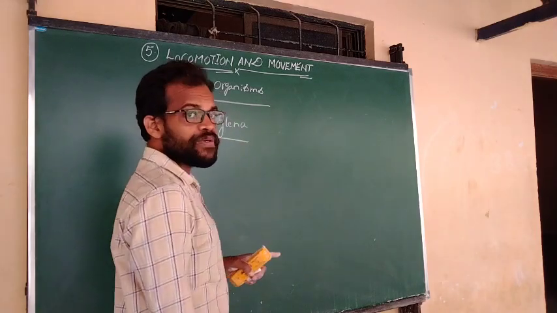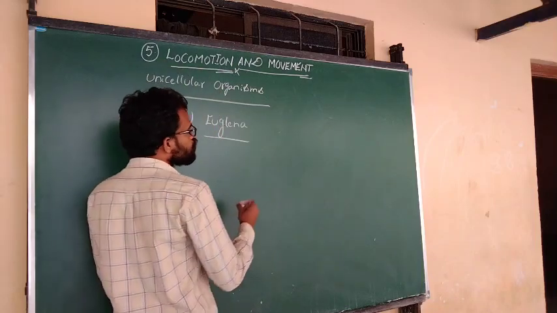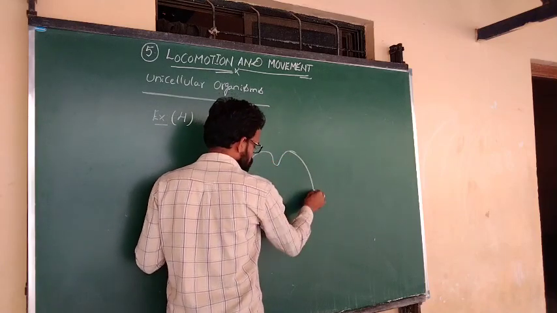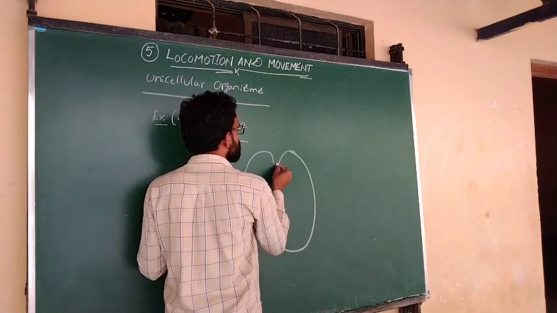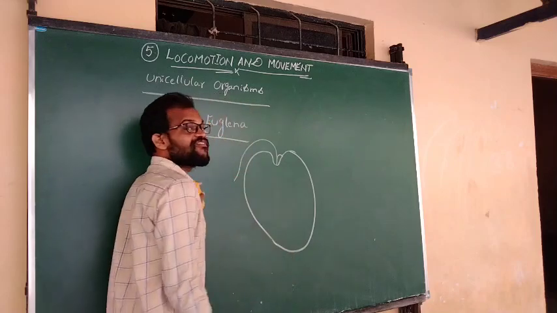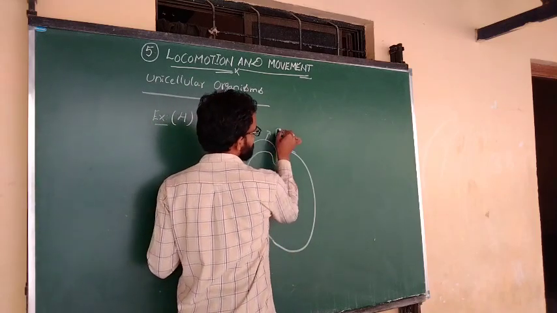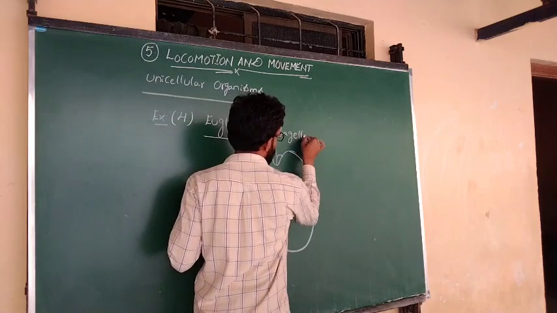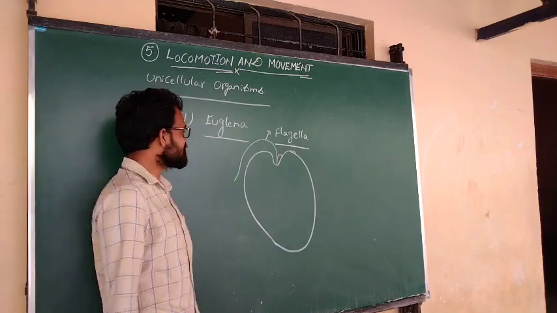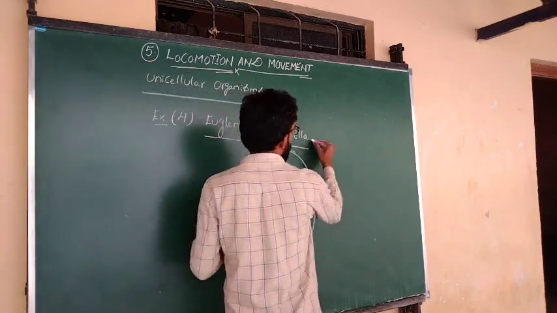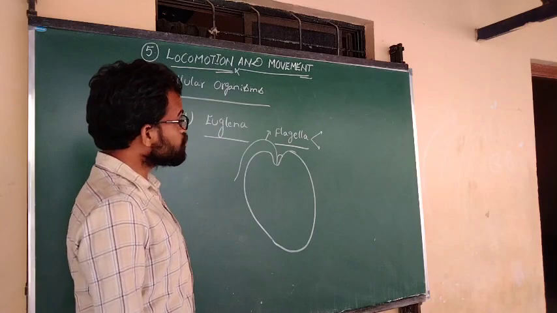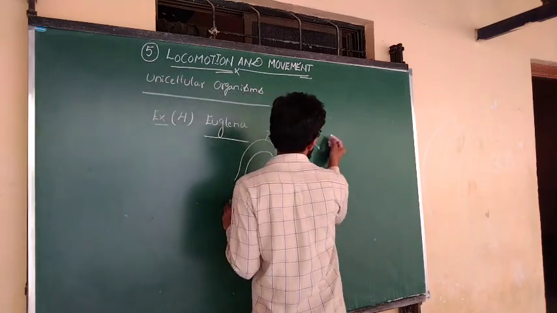How does the Euglena move from one place to another? With the help of flagella. The flagella are the locomotory organelles present in the Euglena. With the help of flagella, it captures food particles or prey and is also helpful for movement, locomotion.